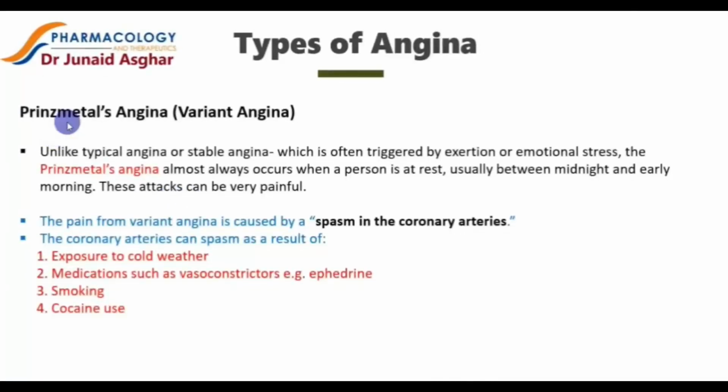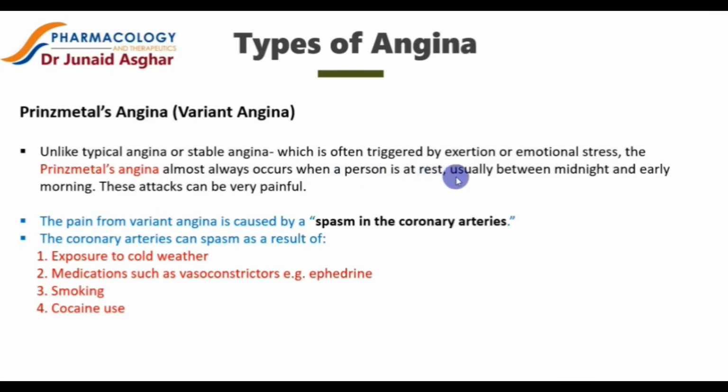And the third type is Prinzmetal's angina or variant angina. Now, unlike typical angina or stable angina, which is often triggered by exertion or emotional stress, Prinzmetal angina almost always occurs when a person is at rest.